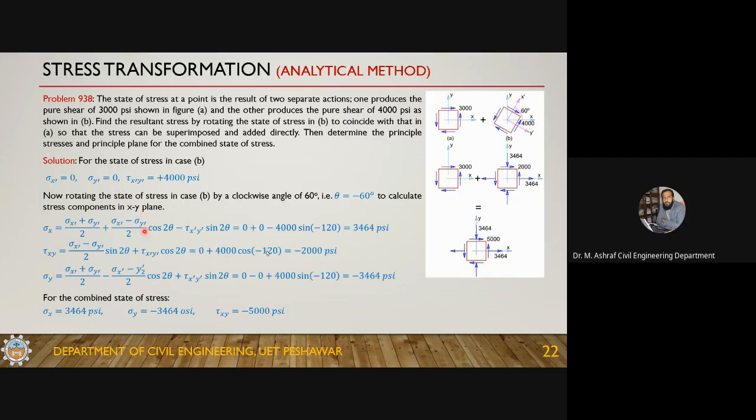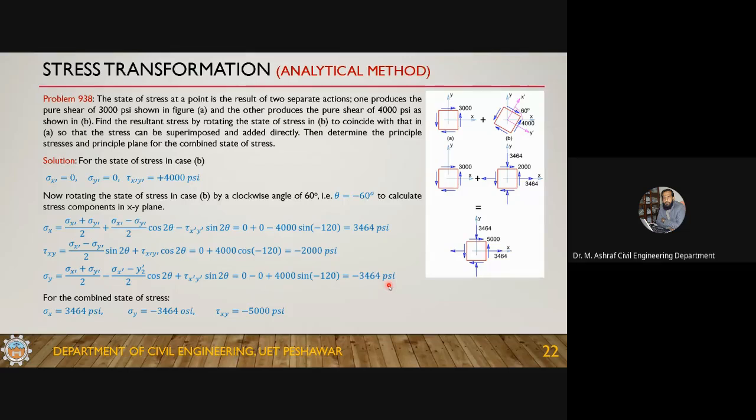Just plug in, sigma x and sigma y are 0, so minus 4,000 sine of 120, which results in 3464 psi. Similarly, the shear stress on the xy plane will result in minus 2000 psi, and in the y direction, if you plug in the values, you will get minus 3464 psi.